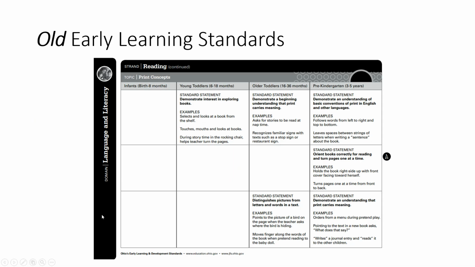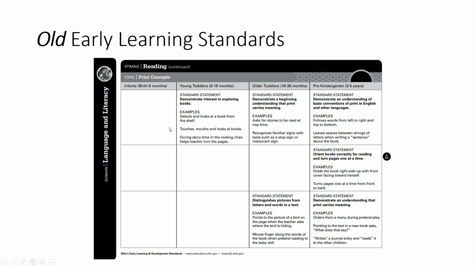The other thing we could think about when we're thinking about what to teach would be to look at some of the standards for preschool. Now, there were standards in effect, and people were using them up until last year. Maybe some schools are still using them that look like this. These are the old Ohio standards.